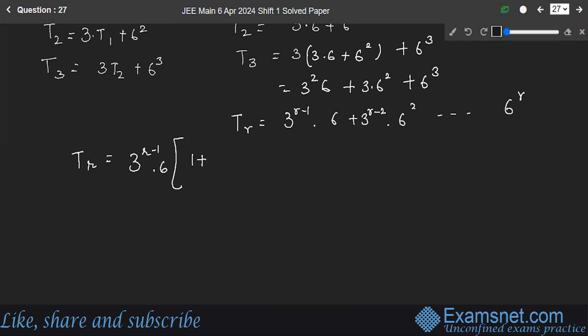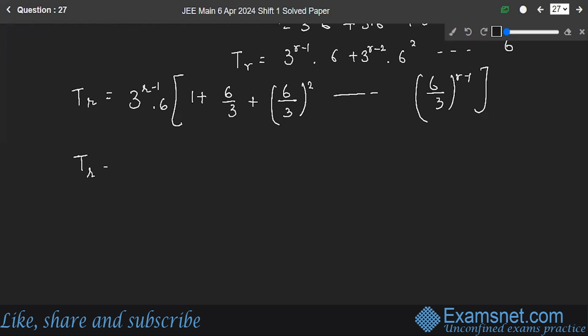Here will be 1 plus 6 upon 3, 6 upon 3 square, so on, 6 upon 3 raised to power r minus 1. Or you can write Tr as 3 raised to power r minus 1 into 6. Here will be 1 plus 2 square, so on till 2 raised to power r minus 1, or you have Tr is equal to 6 into 3 raised to power r minus 1.